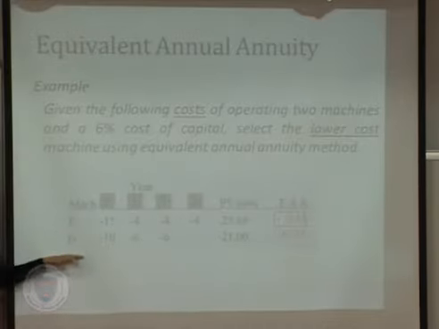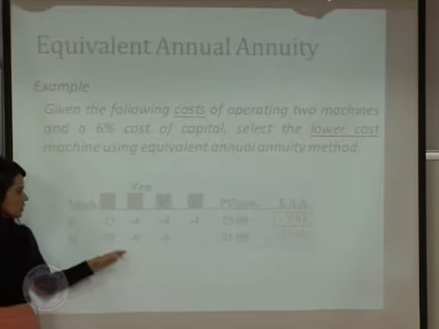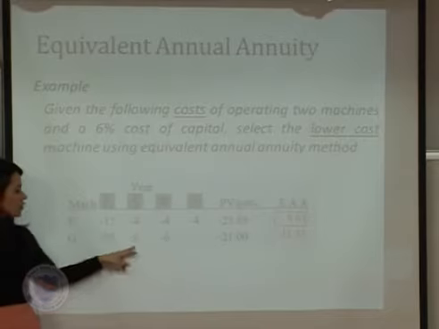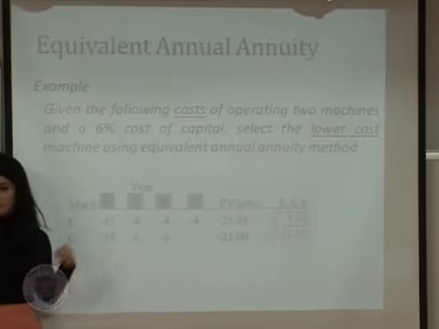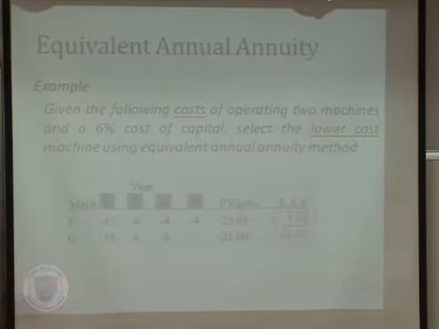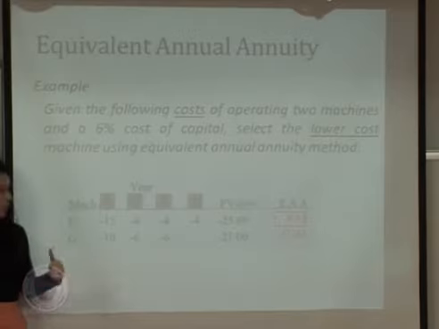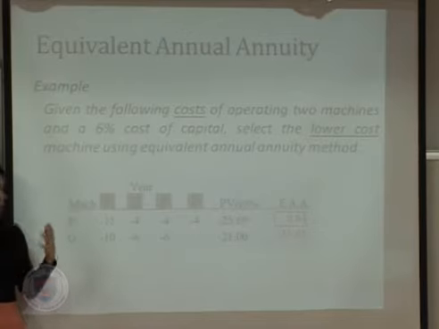If you buy G, you're paying $10,000. And you can use machine G for 2 years, and the annual expense is 6 and 6. So I will try to figure out whether I should go with machine F or machine G. I know I can use machine G for less time, but its initial cost is lower. Okay, so there's lots of things going on.